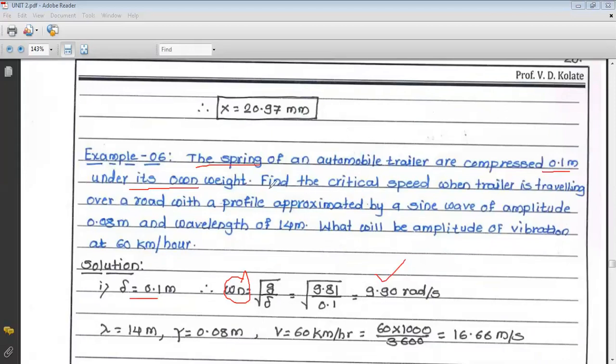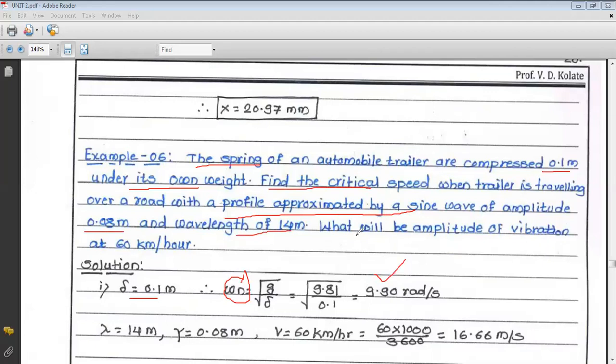Now again we have to find out the critical speed of the trailer when it is traveling over a road with a profile approximately a sine wave, with the amplitude given. So y is given, that is the amplitude, and the wavelength is also given. So y is 0.08 meter and wavelength is 14 meter.